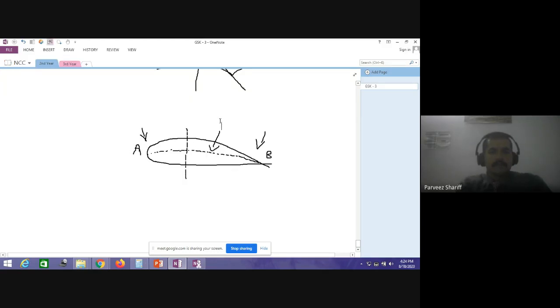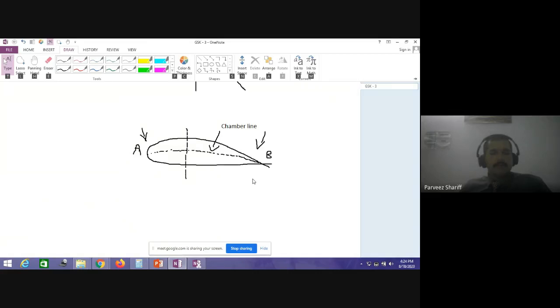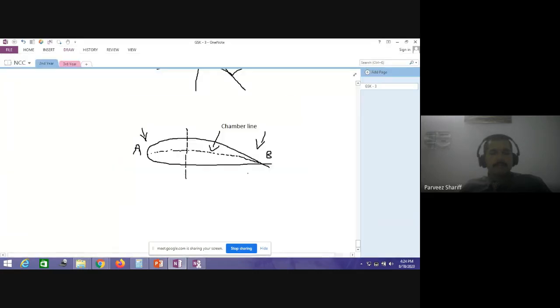Now if I draw an imaginary line, there is no physical line, a straight line between point A and point B, this is called the chord line. What is this called? It's called the chord line.